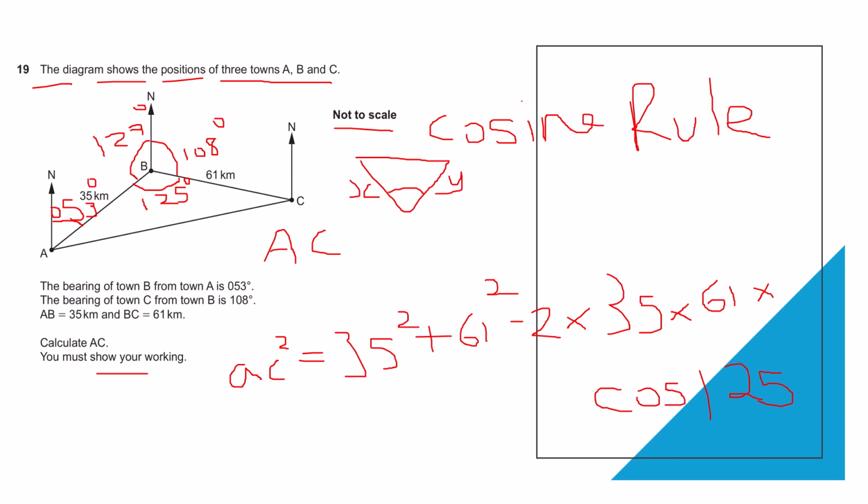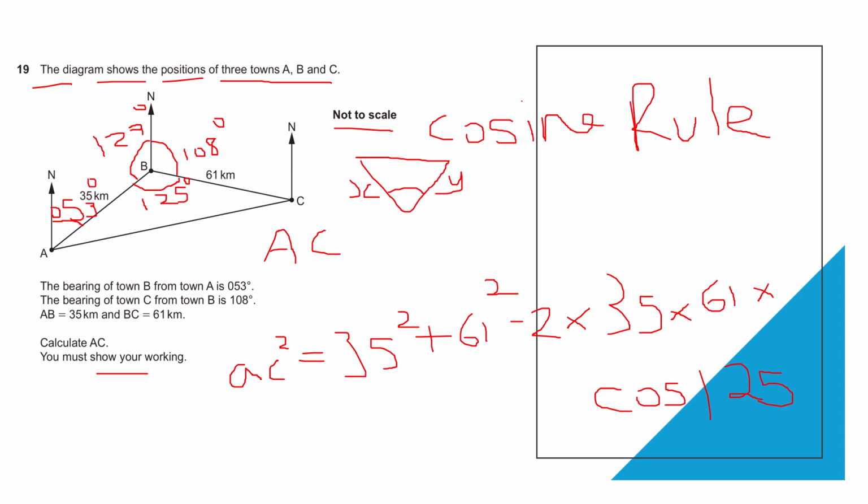So I get 7,395.171383. If I now press square root and then answer, oh no, it's not on there. So let's enter square root.